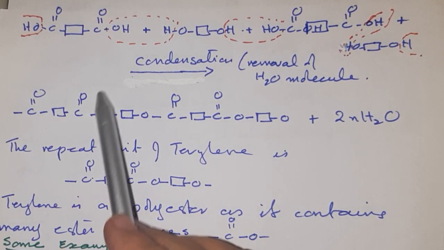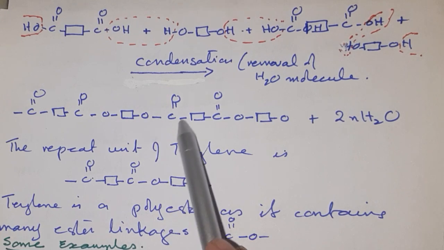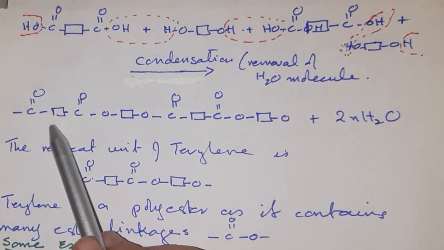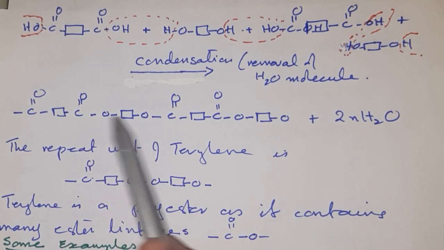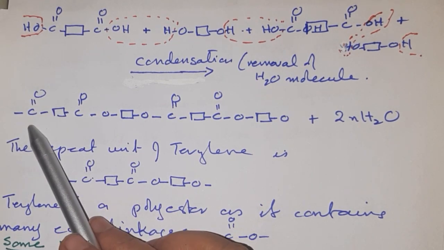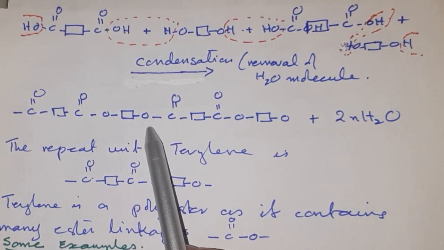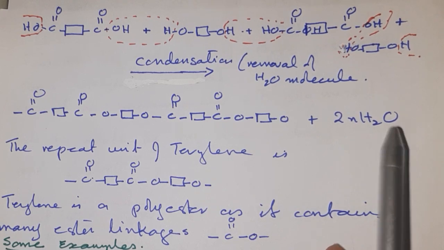Now you can see this is the portion showing the ester, this is the ester linkage, and on both sides of the rectangle you can see two carboxyl groups, C double bond O and C double bond O, and in this rectangle you can see both oxygens, with the removal of 2n H2O molecules.